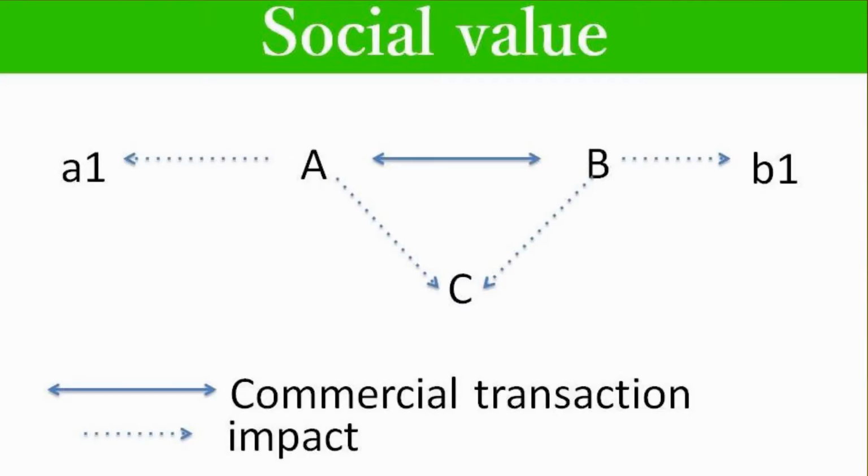There is a transaction between A and B, two actors of an economic activity, but the outcome, the impact of their transaction, goes beyond A and B. So, for example, it goes to C. C benefits from this transaction between A and B, and this brings increased social value.